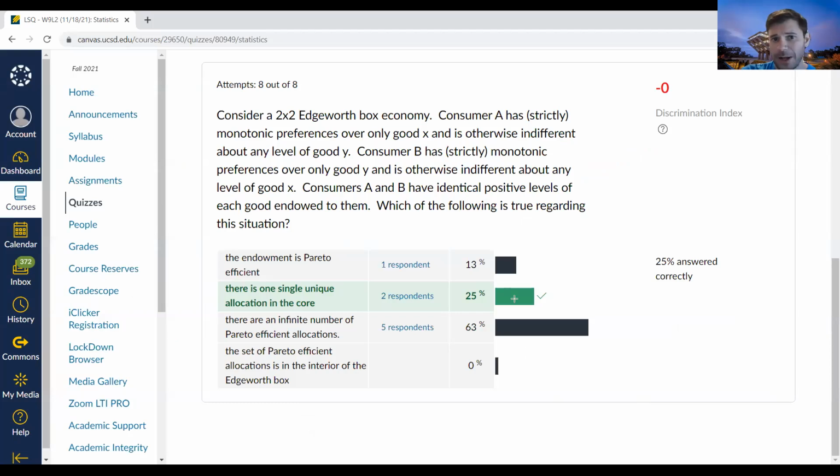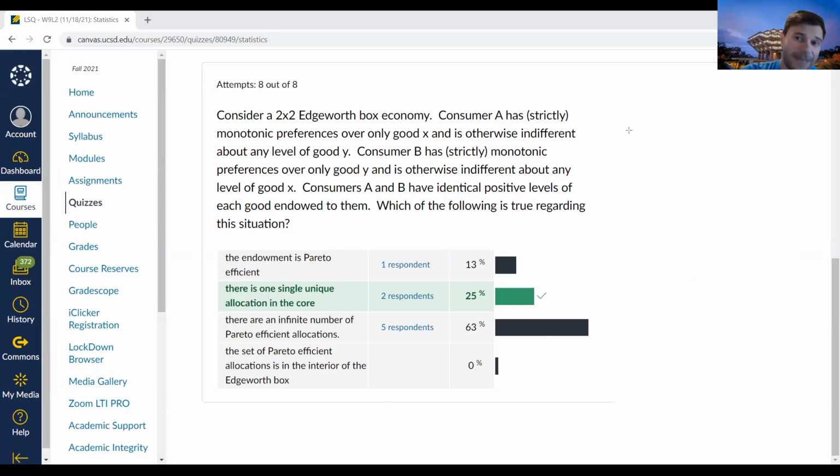Consumer A has strictly monotonic preferences over only good X and is otherwise indifferent about any level of good Y. Consumer B has strictly monotonic preferences over good Y and is otherwise indifferent about any level of good X. Consumers A and B have identical positive levels of each good endowed to them. And the question is, which of the following is true regarding this situation? We have several different choices that are referencing the efficiency allocation properties of this Edgeworth box economy.